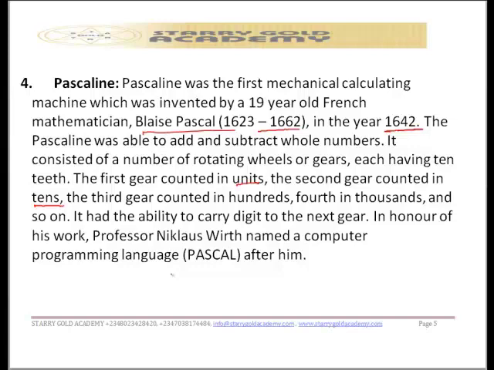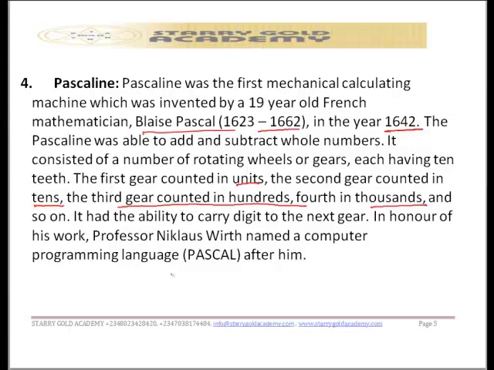And the third gear counted in hundreds, fourth in thousands, and so on. It had the ability to carry digits to the next gear. So here now, in honor of his work, Professor Nicholas Wirth named a computer programming language Pascal after him.